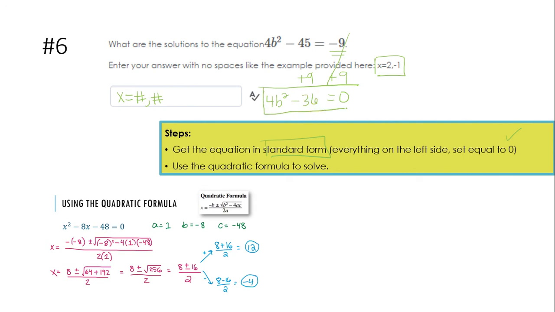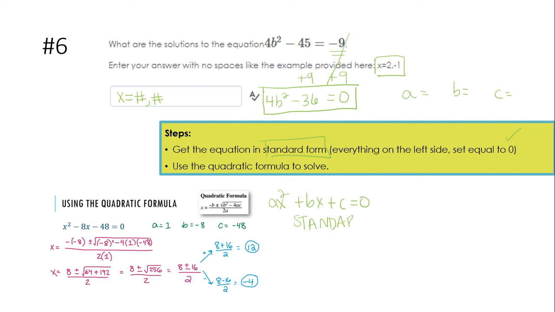Now I have an equation and I can use the quadratic formula to solve. So again, you need to find your a, your b, and your c. Remember, just in case you need it, ax squared plus bx plus c, this is your standard form right here.